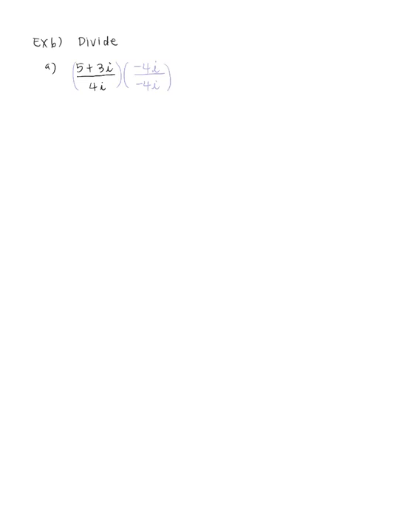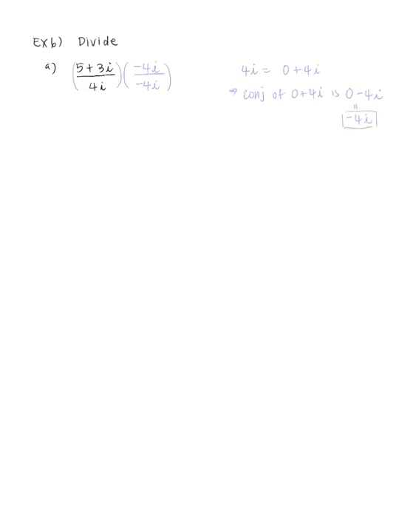All right, sorry. So remember, 4i is the same thing as 0 plus 4i. So in this case, the real part is 0, and the imaginary part is 4. So the conjugate of 0 plus 4i is 0 minus 4i, which just becomes negative 4i.